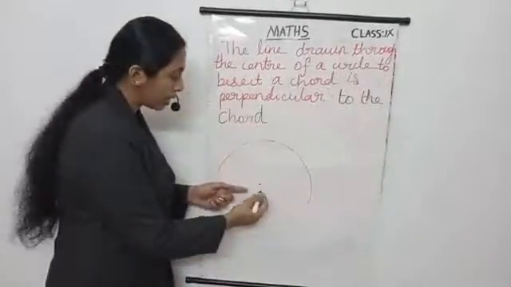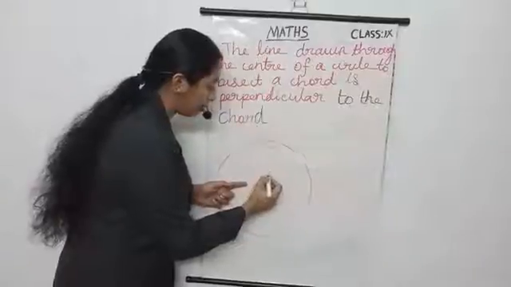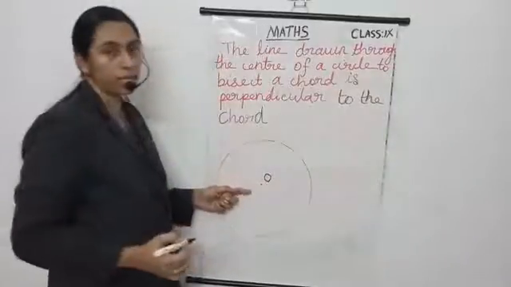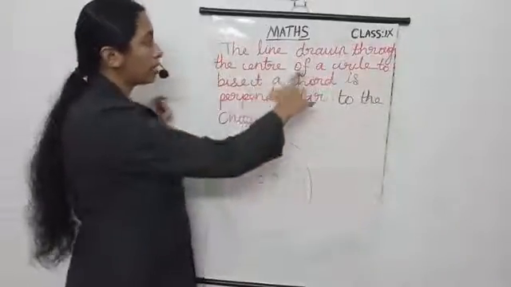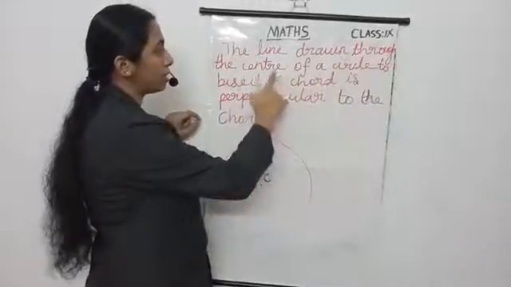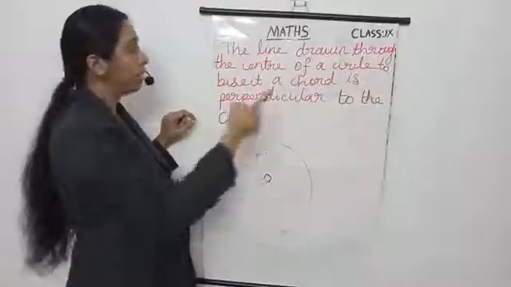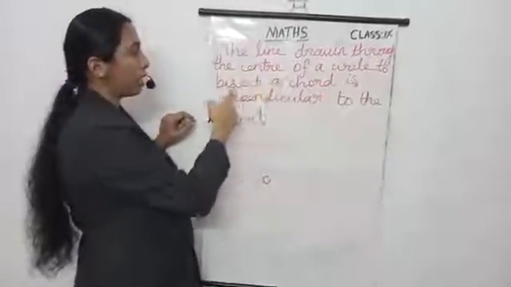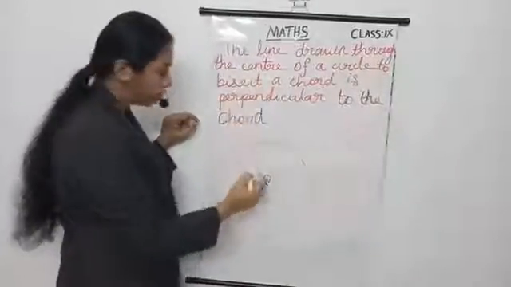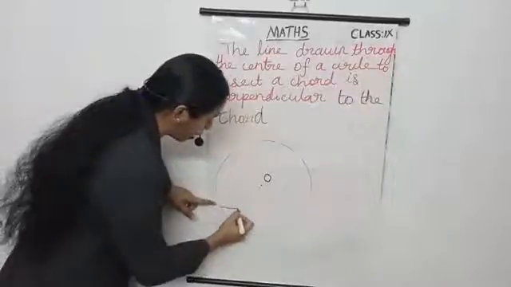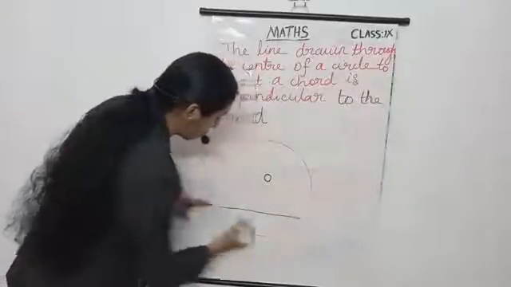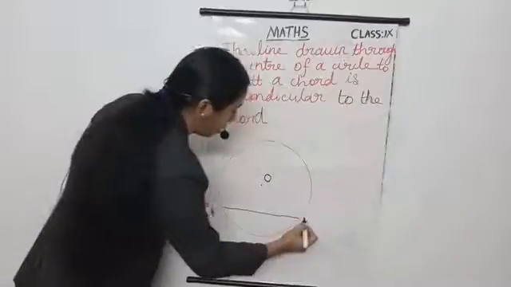Now this is a circle with the center O, and drawn a line from the center to the chord of the circle that bisects the chord. So we need to draw a chord here. So this is chord AB.